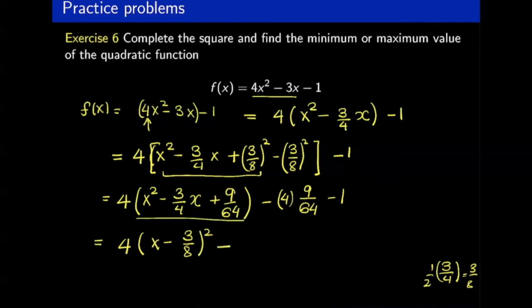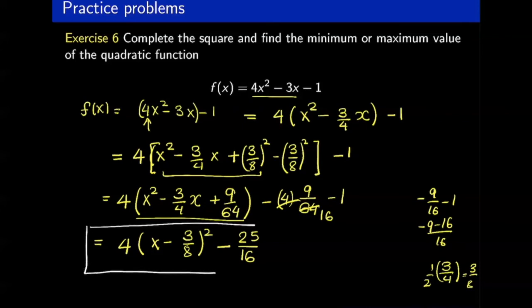And if you simplify the last terms, 4 times 9 over 64 becomes 9 over 16, and then minus 9 over 16 minus 1 is 16 minus 9 minus 16 over 16. So this will be minus 25 over 16. So this is the perfect square form of our quadratic function.